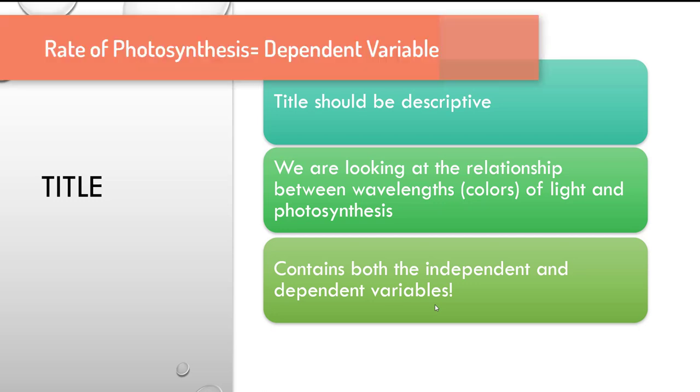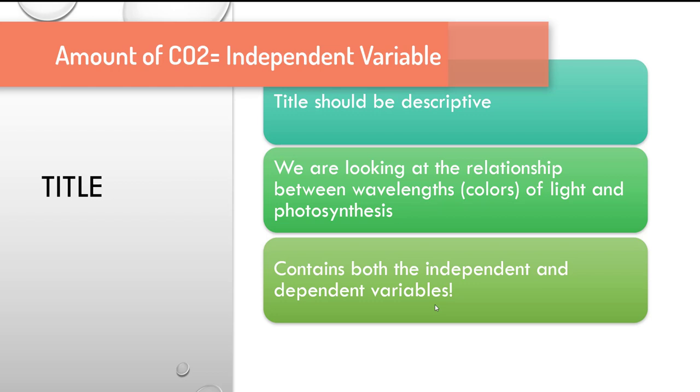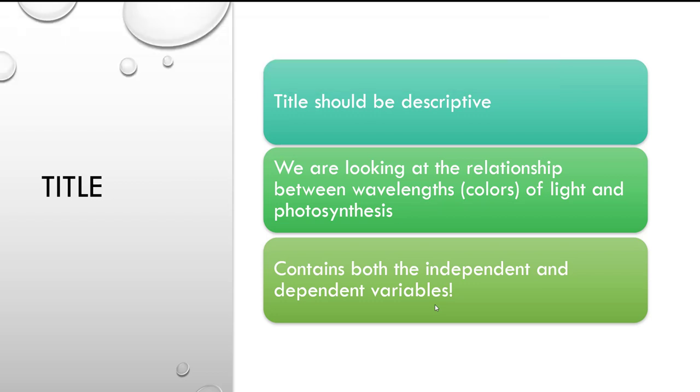We were also looking at whether the amount of carbon dioxide, so distilled water versus bicarbonate, had an effect as well. You need to include the independent variables in your title. That's why we don't want to just go with light and photosynthesis. We want to make it a little bit more descriptive. What types of light? The wavelengths of light, colors.